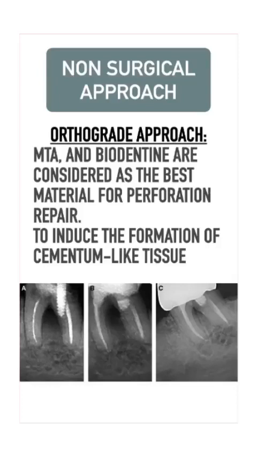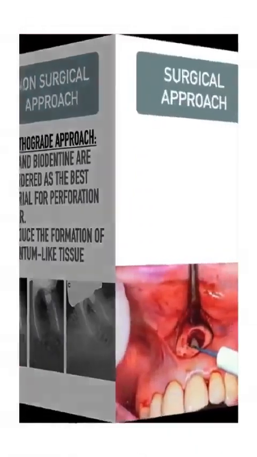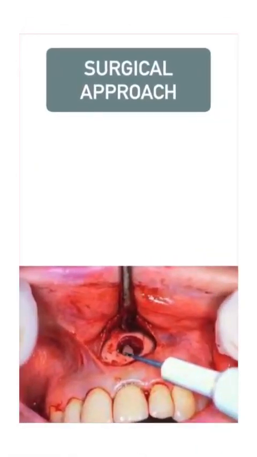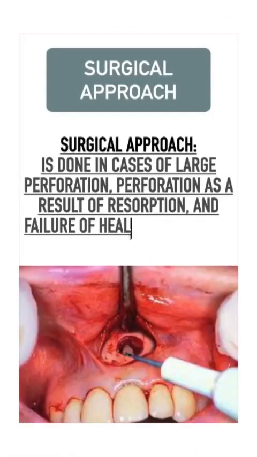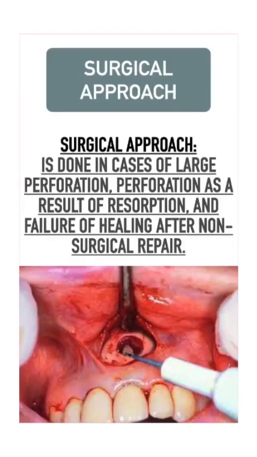We could simply pack them and seal the perforation, and they could also induce the formation of cementum-like tissue. And for the surgical approach, we could surgically access the site of perforation, and it is especially done in cases of large perforation or perforations as a result of root resorption.